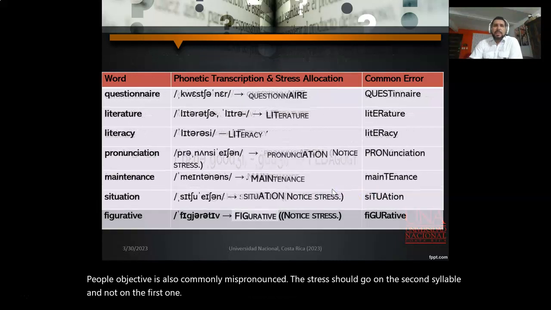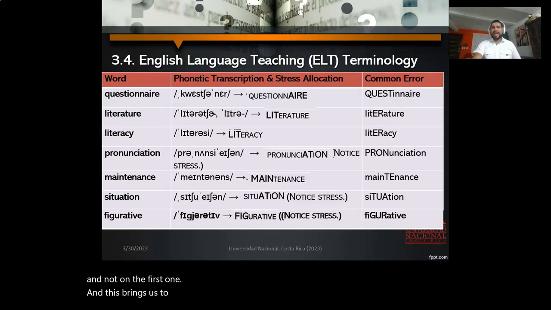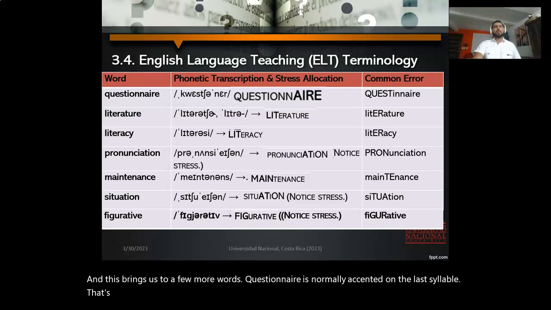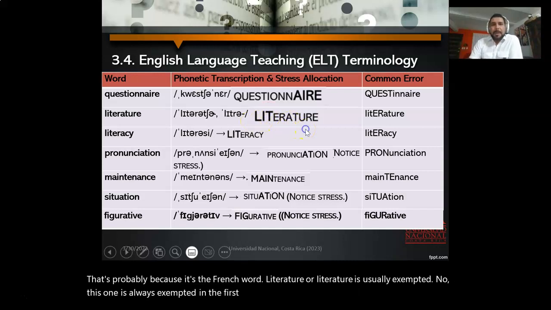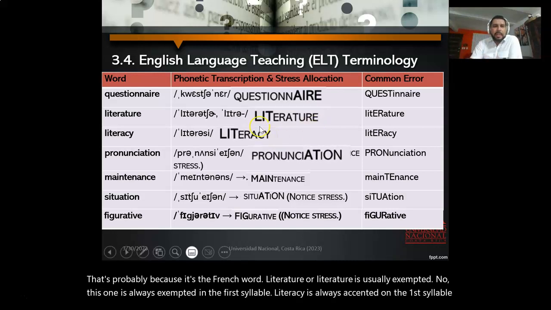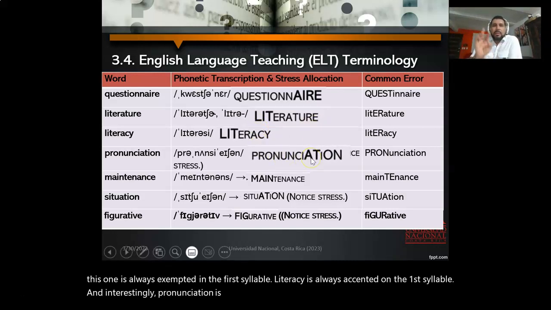And this brings us to a few more words. Questionnaire is normally accented on the last syllable. That's probably because it's a French word. Literature is usually accented. No, this one is always accented on the first syllable. Literacy is always accented on the first syllable. And interestingly, pronunciation is accented on the fourth syllable.